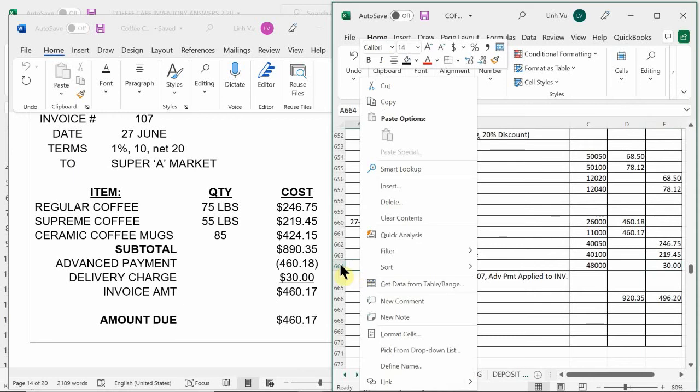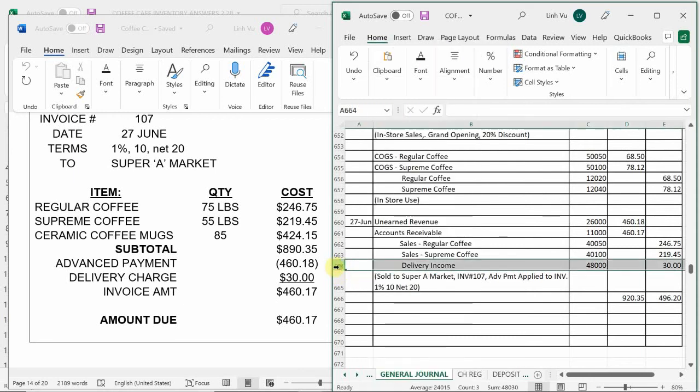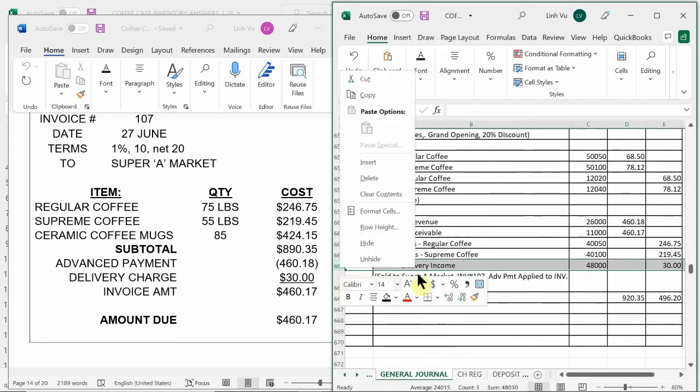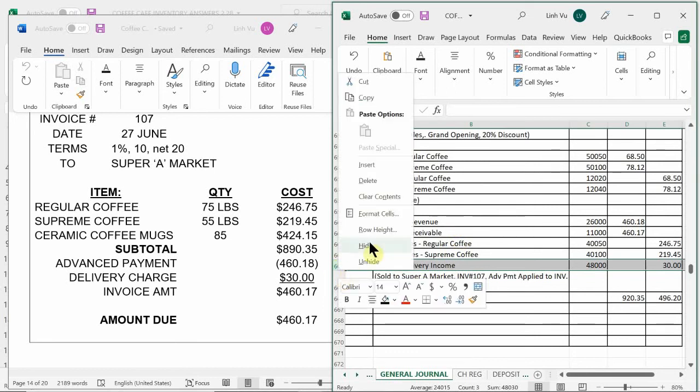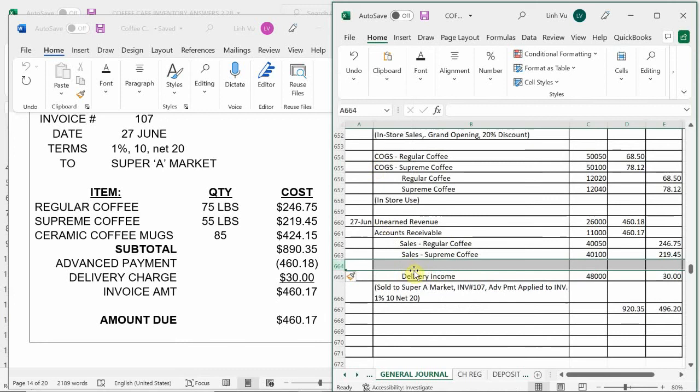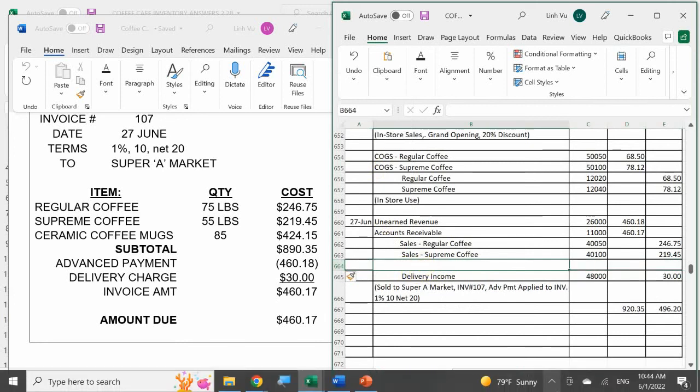So that means I'm gonna go ahead and try to fix this by, okay, for $424.15.